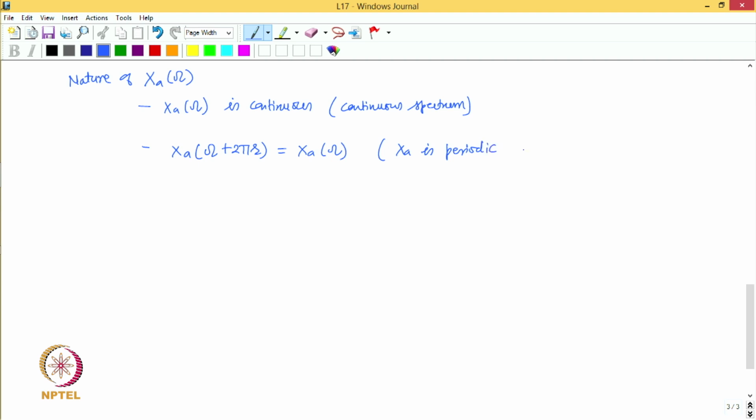So, x a is periodic, and periodicity is 2 pi. So, after every 2 pi radian on the frequency axis, the spectrum is going to repeat.